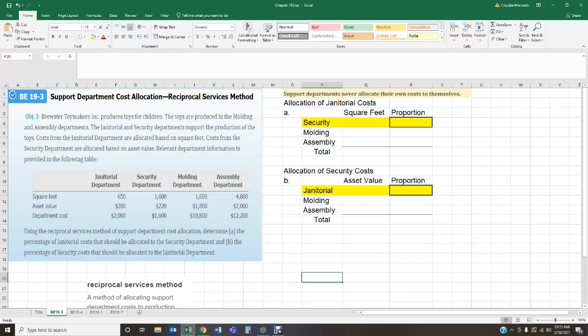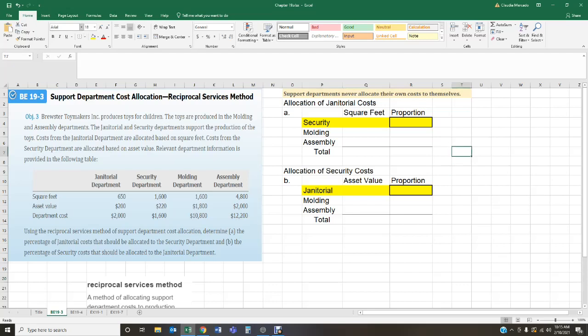If you notice, I don't have janitorial included in letter A. Why? Because that is what I'm distributing. I'm distributing my janitorial cost over into the other departments that are not janitorial. We never allocate janitorial costs to janitorial services, okay? So this is the cost that's going to be distributed to the other three support departments, okay?